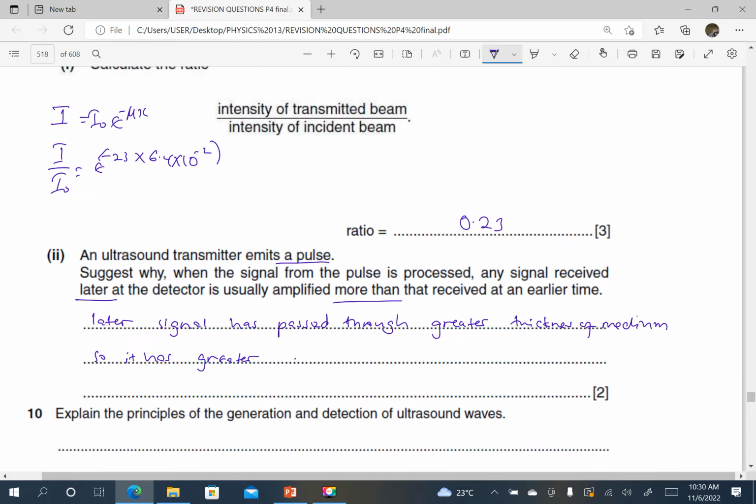So it has greater attenuation, or call it greater absorption. Or it has undergone greater attenuation, or it has undergone greater absorption. Or it has smaller intensity. So all that is meaning the same. And if it has smaller intensity or has undergone greater attenuation, it needs more amplification.